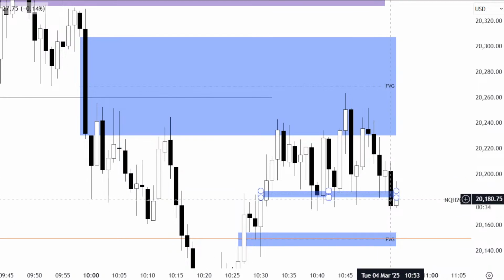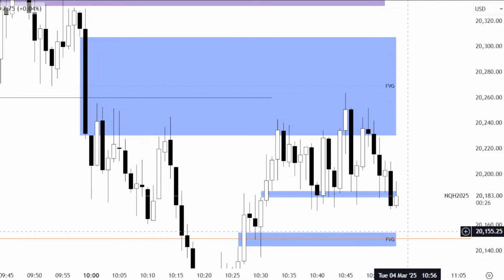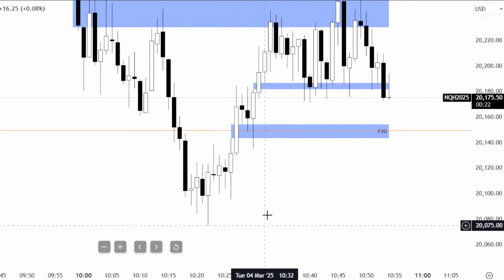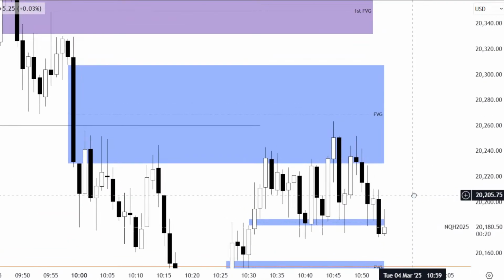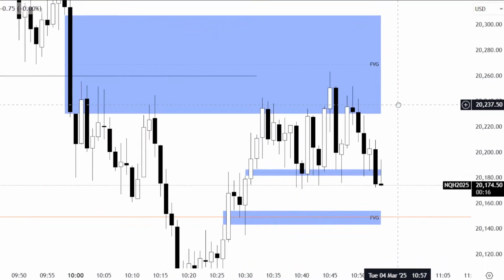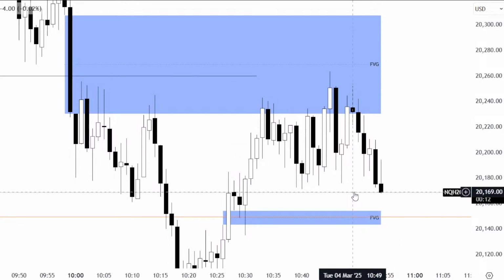See. Let's see. Maybe this is us going back down to this low, and then maybe the PM session will give us some sort of clear bullish direction, but for now it's not giving us anything good.